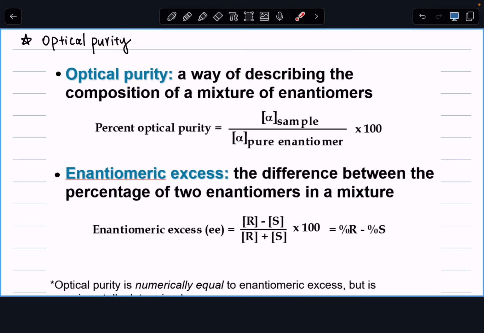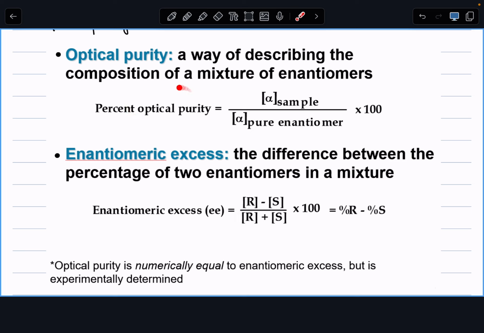It's like a ratio, it's a mixture. So this percentage optical purity is numerically the same as our enantiomeric excess, or the enantiomeric excess is the difference between the percentage of two enantiomers in a mixture.